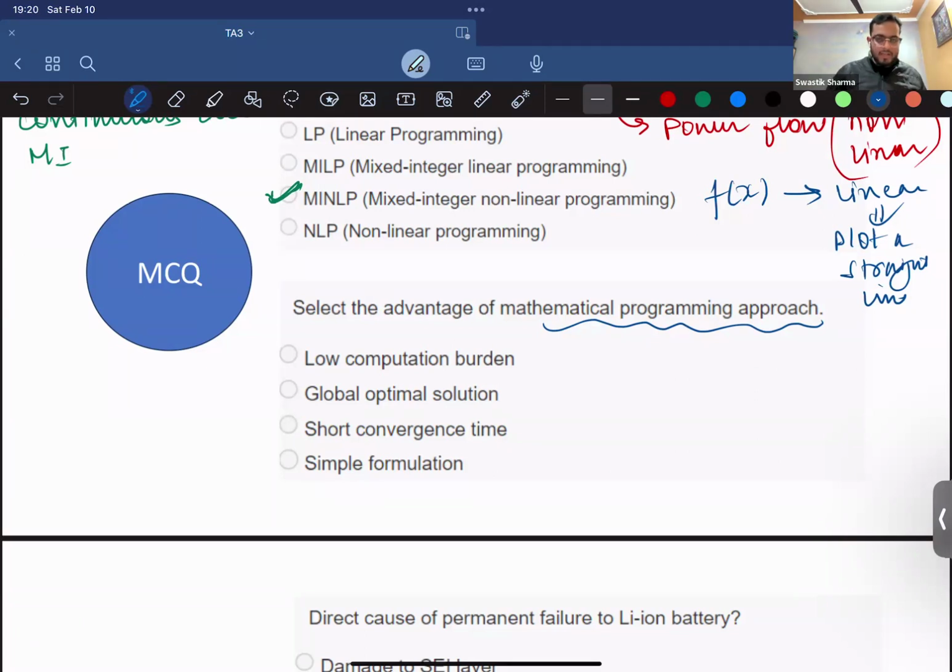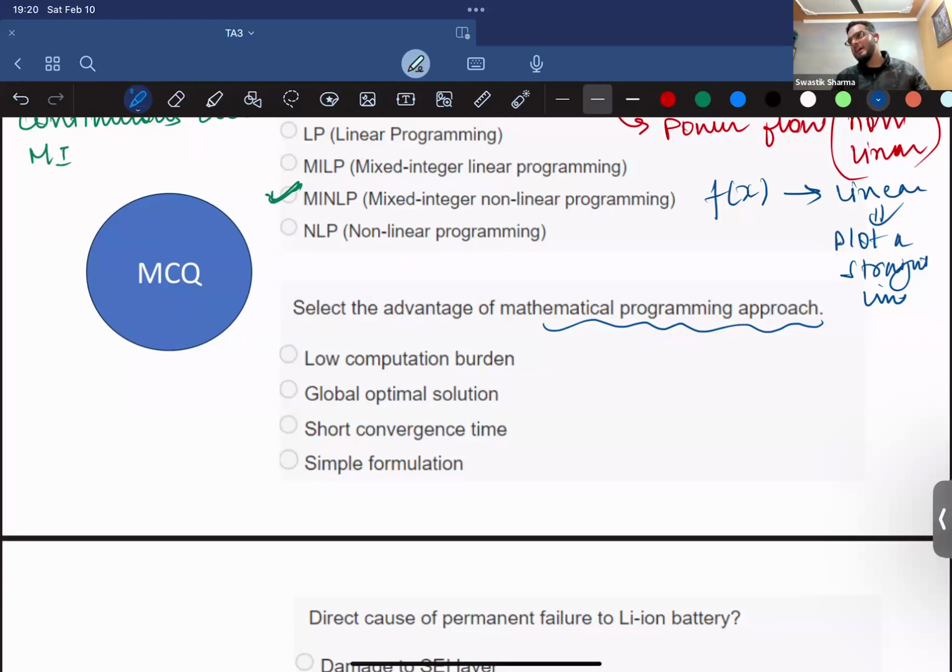So generally, yeah, someone was going to say. Yes, sir. I think low computation burden and short convergence time. Simple formulation. No. So what you referred to were the disadvantages. It doesn't have a low computation burden. For a mathematical programming approach, you have a higher computation. It's not too high, I mean, not as high as the heuristic approaches, that is artificial intelligence.